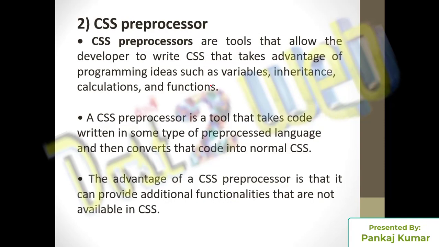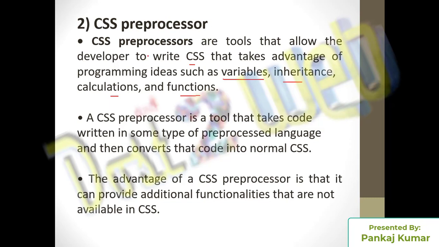About the CSS preprocessor. A CSS preprocessor is also a tool that will allow a developer to write CSS and take advantage of programming ideas, such as variables, inheritance, calculations, functions.